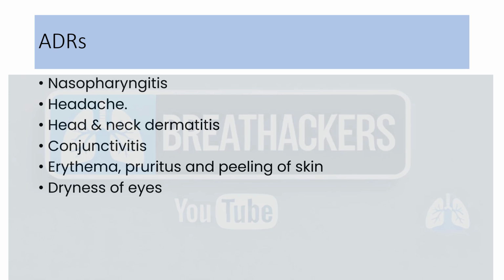Coming to the ADR, the adverse drug reactions most commonly noticed are nasopharyngitis, headache. While giving it for the treatment of atopic dermatitis, the most common noticed as per the literature is head and neck dermatitis, conjunctivitis, erythema, pruritus, peeling of skin, and dryness of eye.